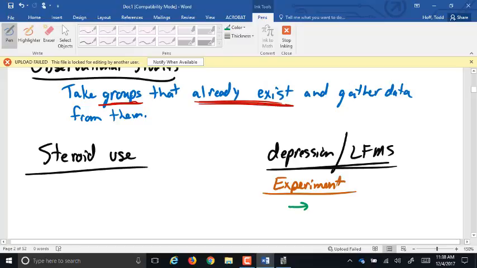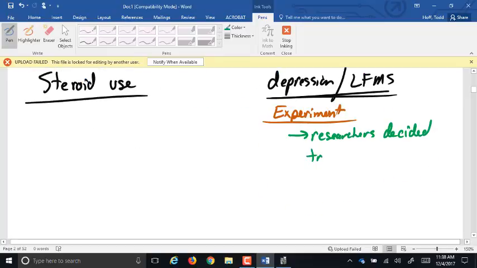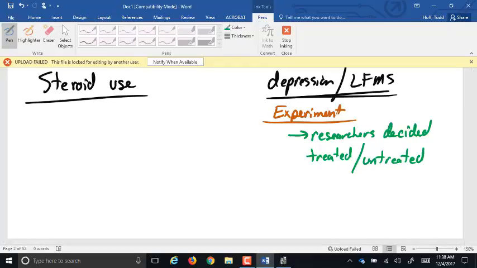Okay, and why do you say that was an experiment? Okay, yeah. The researchers decided who was treated and who was untreated. So they selected their groups of people, and then they divided them up randomly. One group got the treatment, the other group didn't.